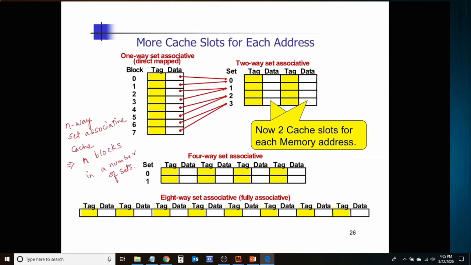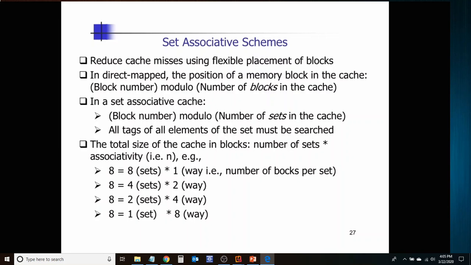And we can actually calculate that and I'll show you how to do that in a bit. So this is what we are doing. We are reducing the cache misses by using the flexible placement of blocks.